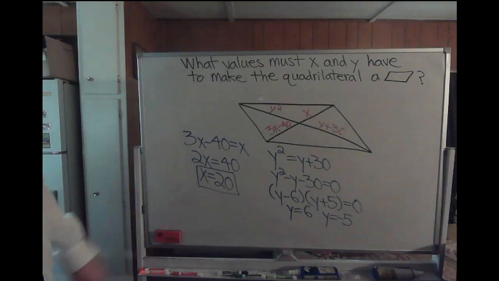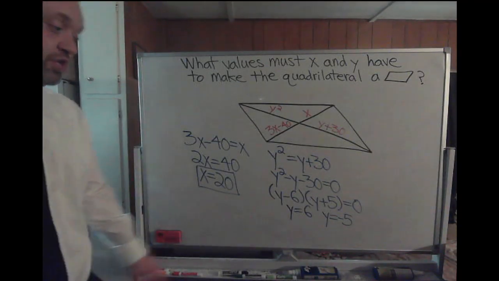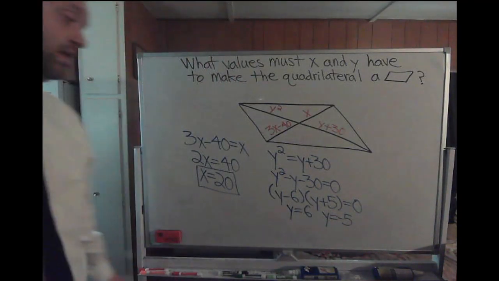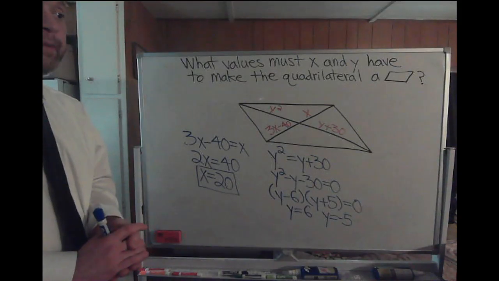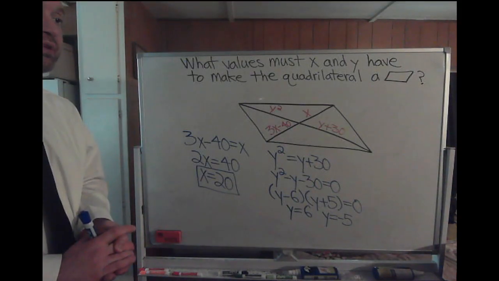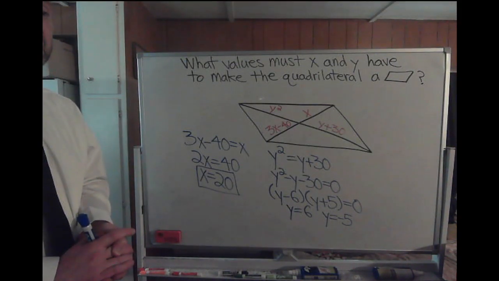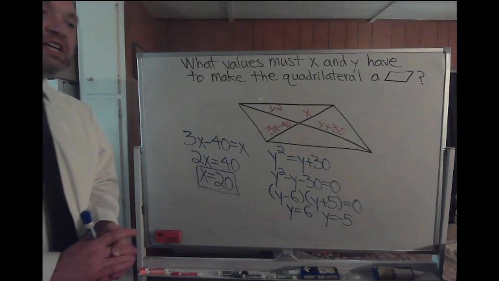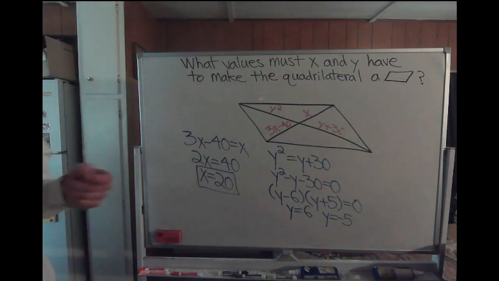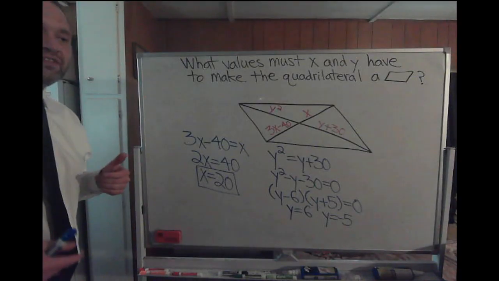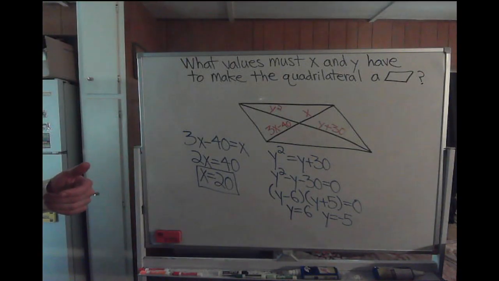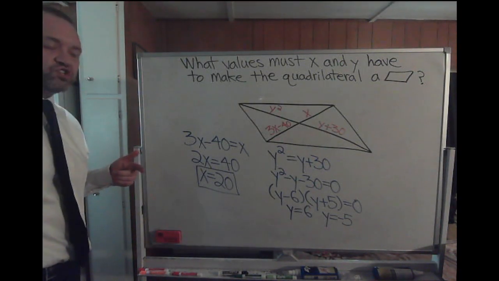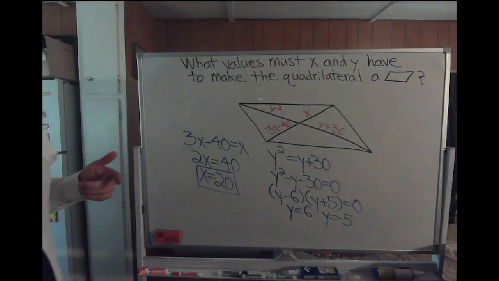Well, if this were just a standard algebra problem, you would keep your two solutions. But this is geometry. In geometry, there really isn't such a thing as negative length. Now, when you get into trigonometry and algebra 2 trig, that's a little bit different. But even then, the length isn't truly negative. The negative sign would just indicate which direction something's going.